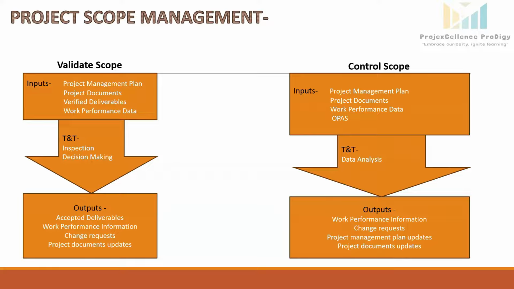Project document updates: the lessons learned register can be updated with techniques that are efficient and effective in controlling the scope, including causes of variances and corrective action chosen. Requirements documentation may be updated with additional or changed requirements. The RTM may be updated to reflect updates in the requirements documentation.